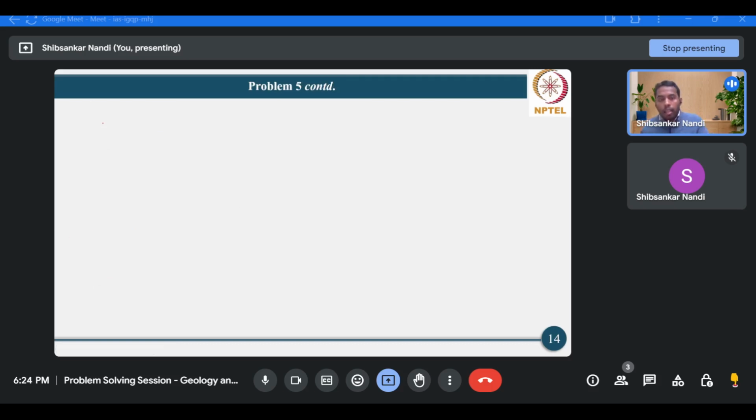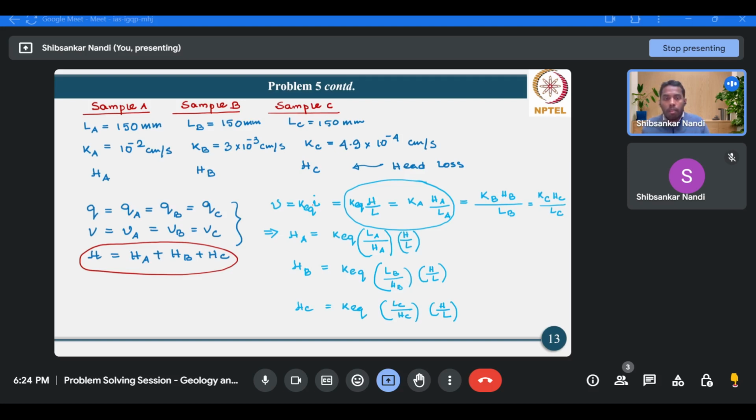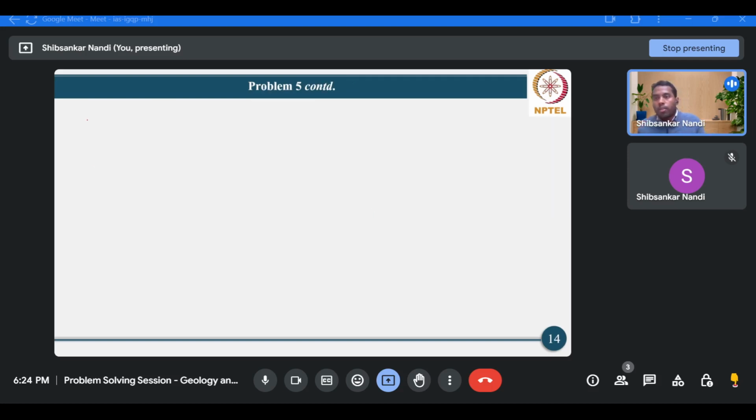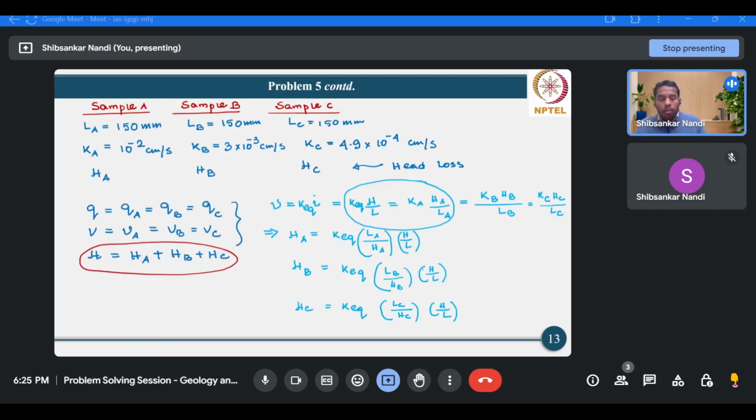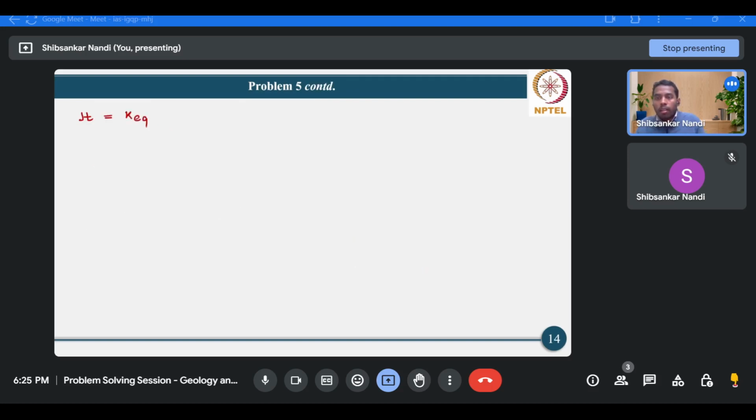So first of all, you can write H equals to, if we take this common, K equivalent H upon L, then inside the bracket would be LA upon HA plus LB upon HB plus LC upon HC.